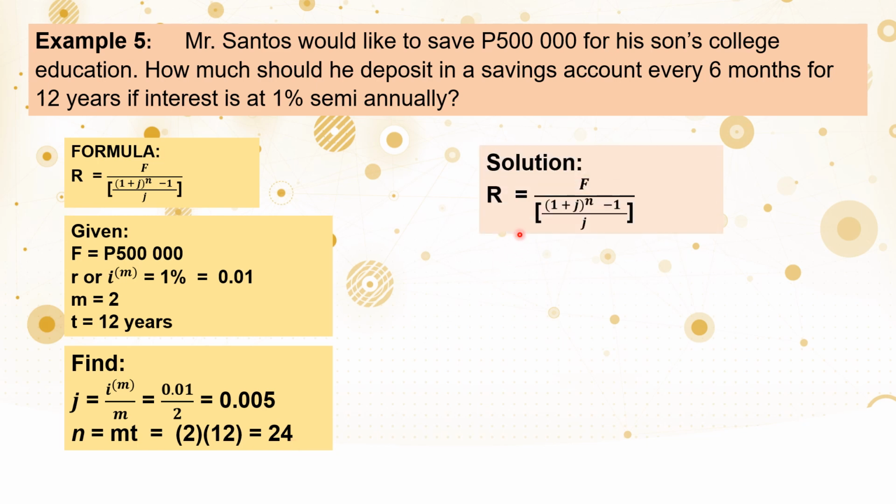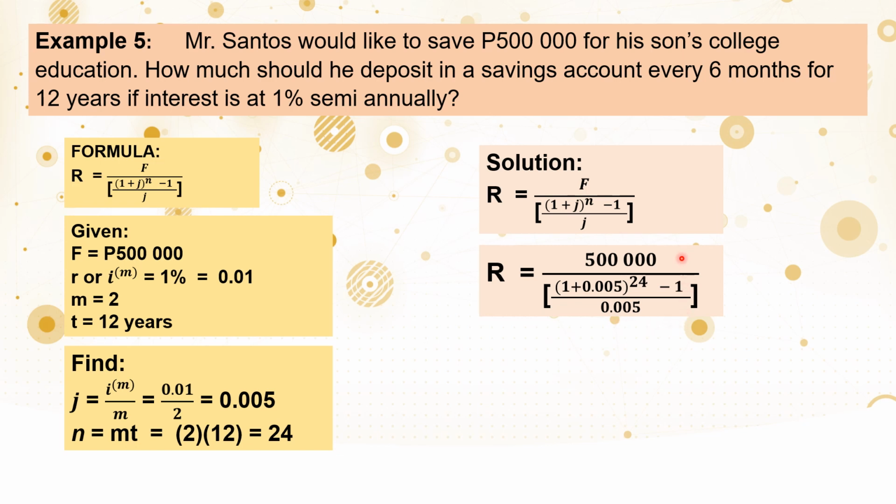So let's find out the periodic payment or R by using this formula. So just substitute all the given in the formula. So R now is equal to, our F is 500,000 over the quantity 1 plus 0.005 raised to our N, which is 24, minus 1 over our J is 0.005.